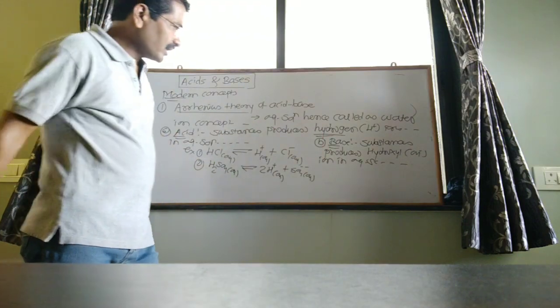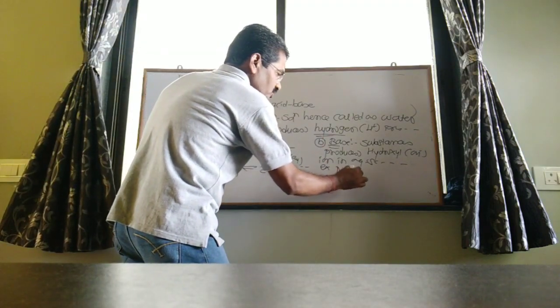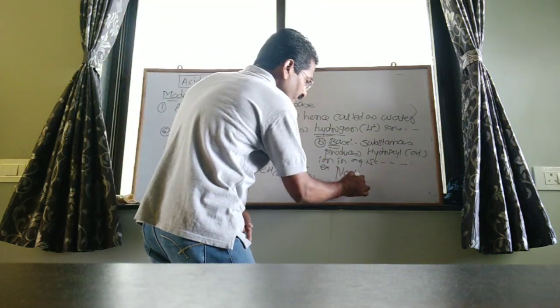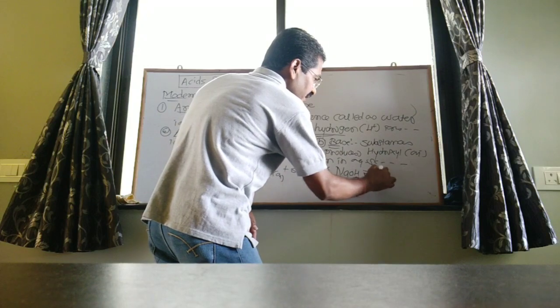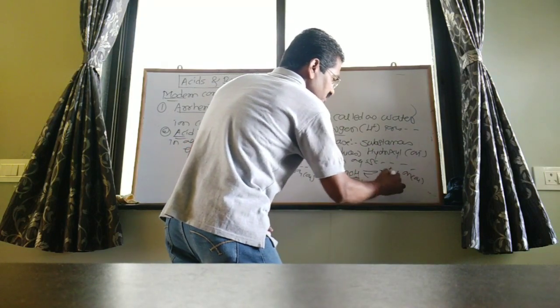For example, NaOH, sodium hydroxide, when dissolved in aqueous solution, produces Na plus and OH minus ions.